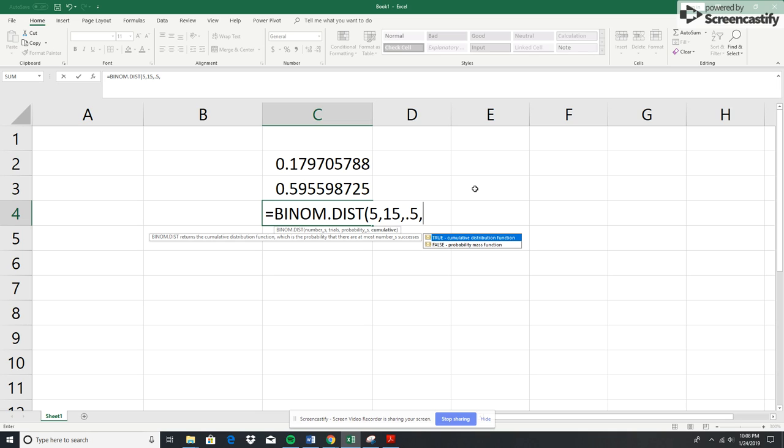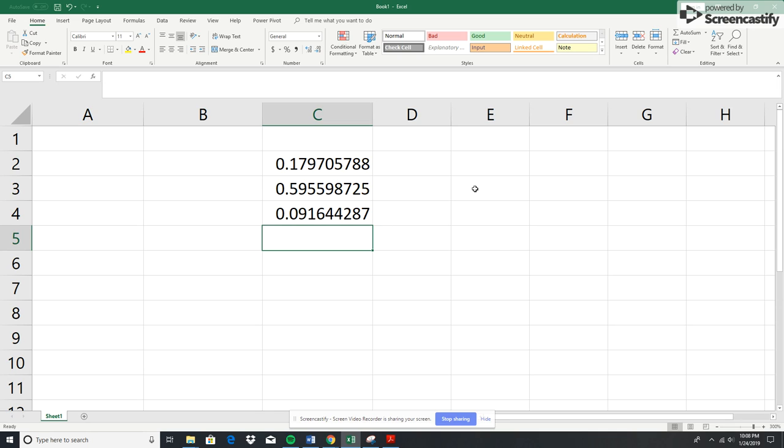You want to know the probability it comes up exactly 5 times on heads. So you would type this in, and it gives you 0.091644287 as the answer. And so that's how you can use Excel to answer questions about probabilities relating to the binomial distribution.